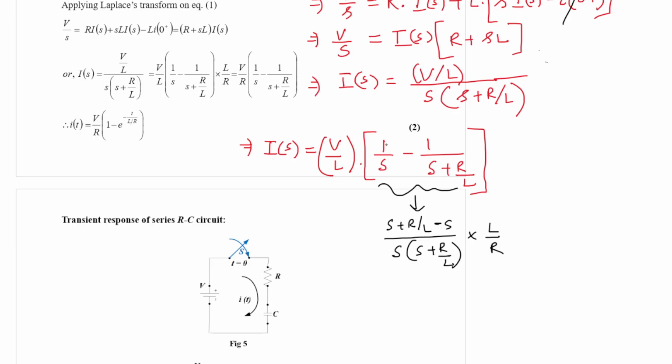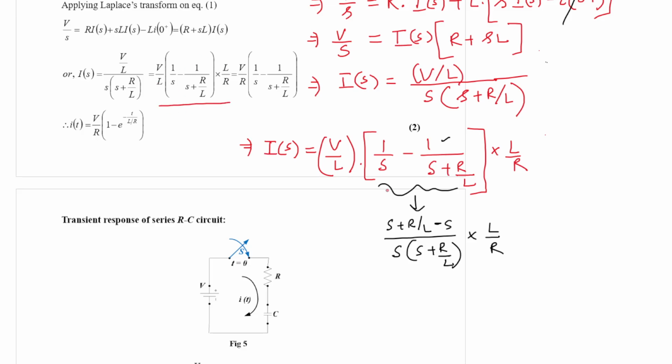So you see here it is 1. If you take LCM, then in the numerator it should be 1. If you take LCM of this, then it should be S plus R by L minus S. So S, S cancel. So in the numerator we have R by L. To make it 1, we must multiply it with L by R. So we are multiplying it with L by R, and that is exactly done here.